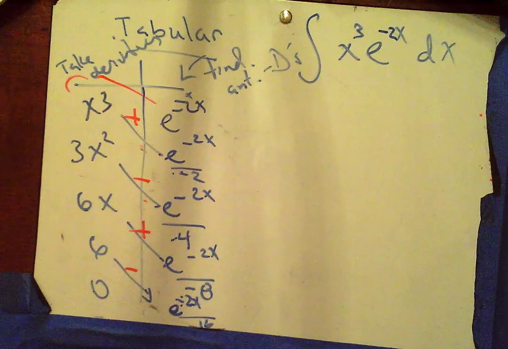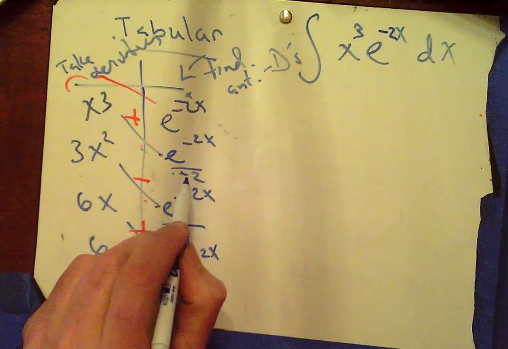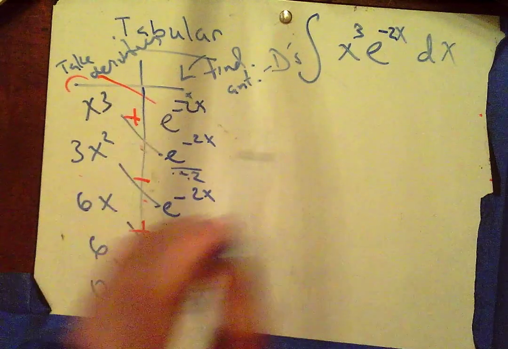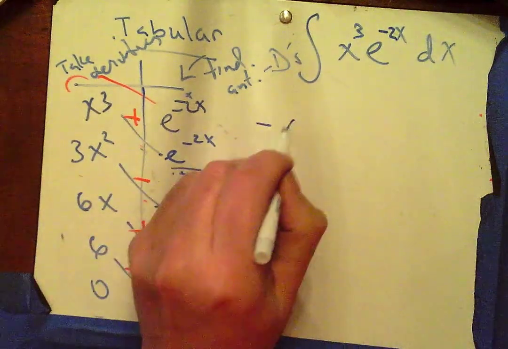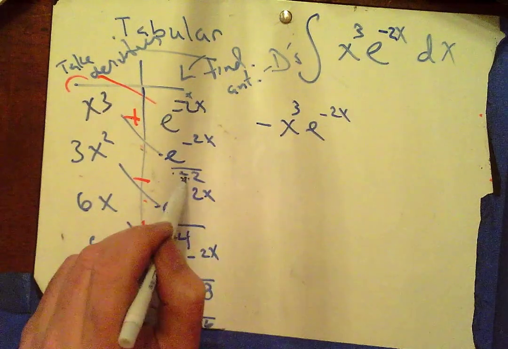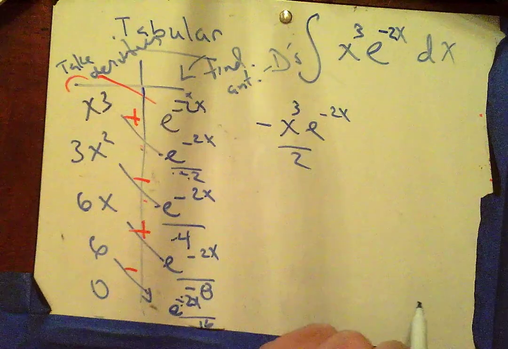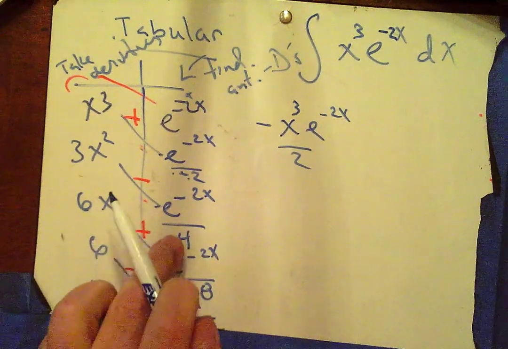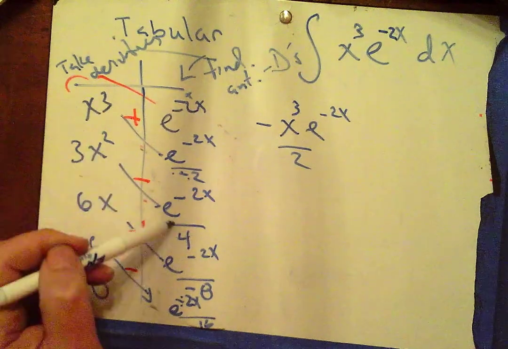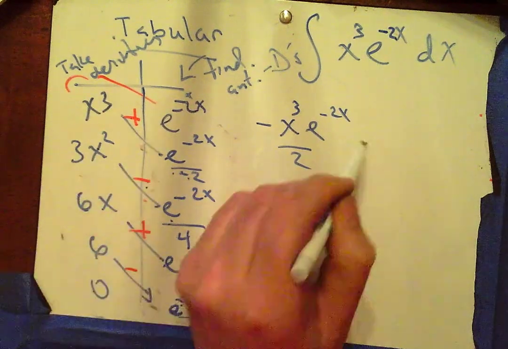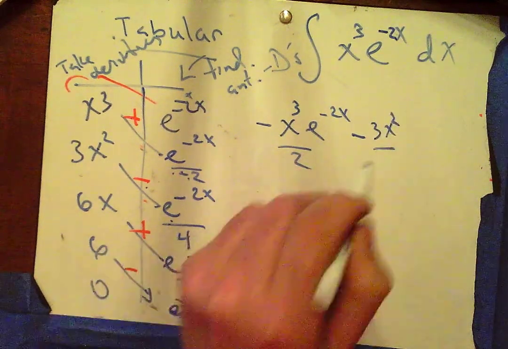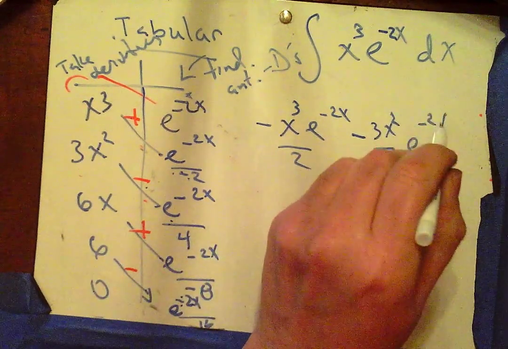So what's my integral look like? Don't lose that minus 2. Negative times positive is negative, so I'm going to have negative x to the third e to the minus 2x all over 2. And then I have, it's positive 4, then I have this times this, and I multiply this times this by that minus, and I get minus 3x squared over 4 e to the minus 2x.